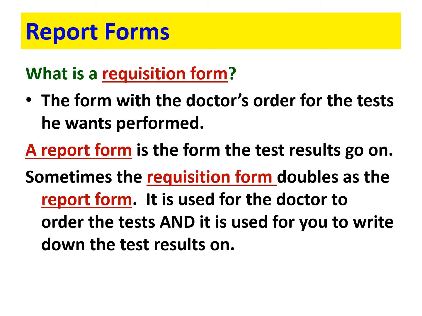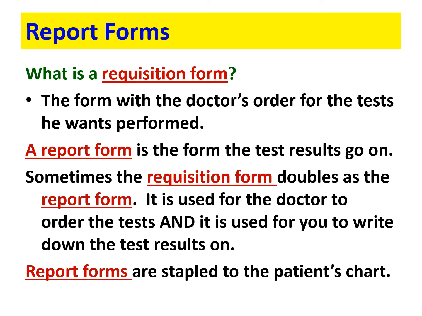Then if you're in the chemistry department running the glucose, if that's what the doctor ordered, you will run that test, write down the test results, and put your name and the date and the time that you performed the test. You will compare it to the reference range to make sure that your patient's glucose results are normal. Then those report forms are either stapled to the patient's chart or uploaded electronically into their electronic medical record.